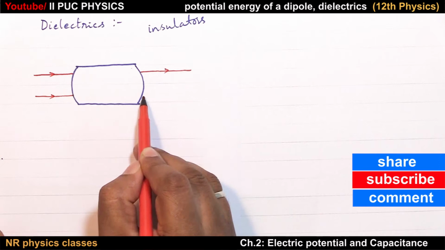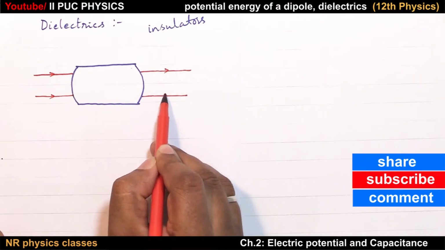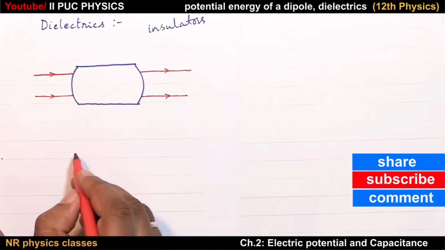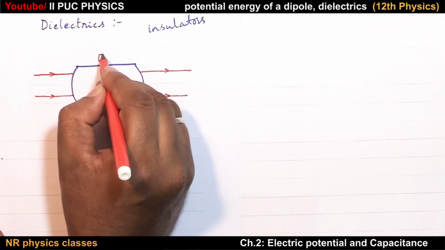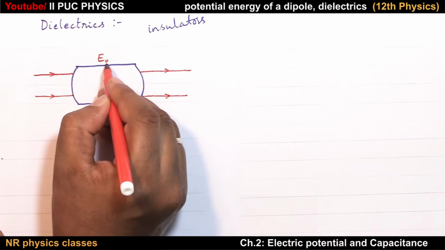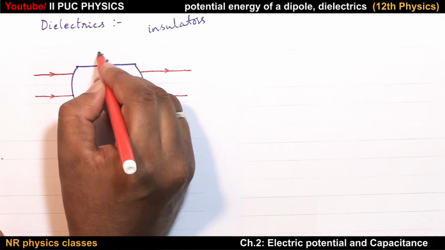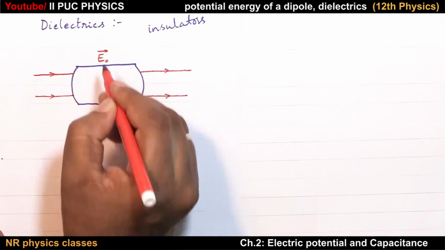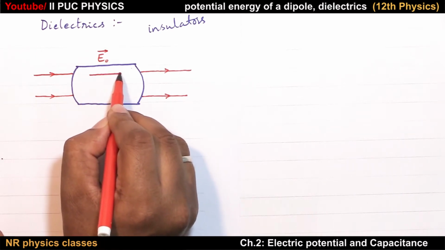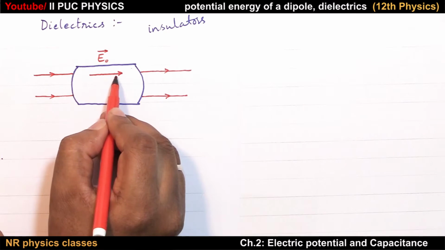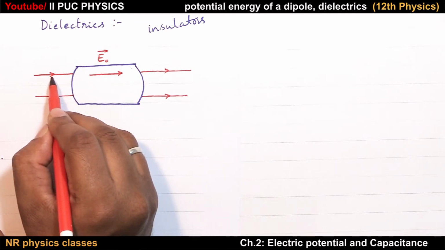Let me represent this by E outside, the external electric field. It is a vector quantity. Let this be the direction of the external electric field. This is decided by this applied electric field.